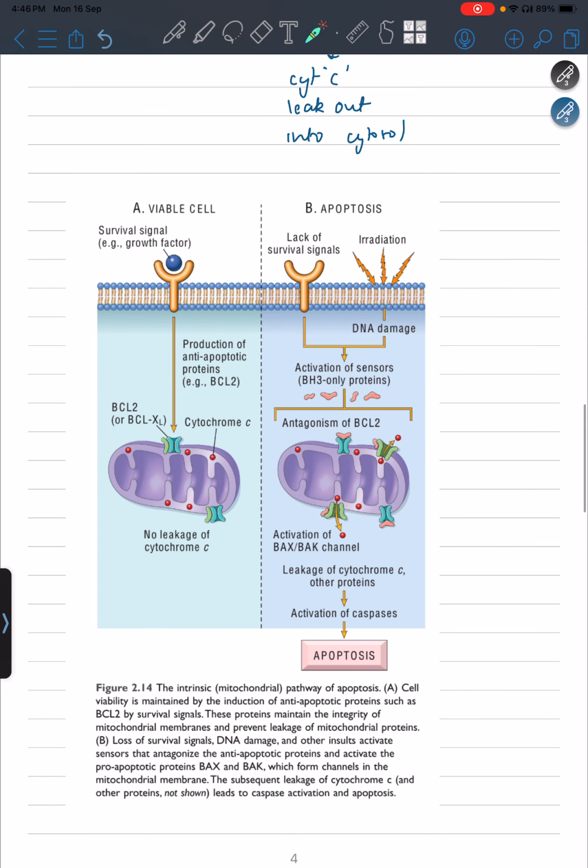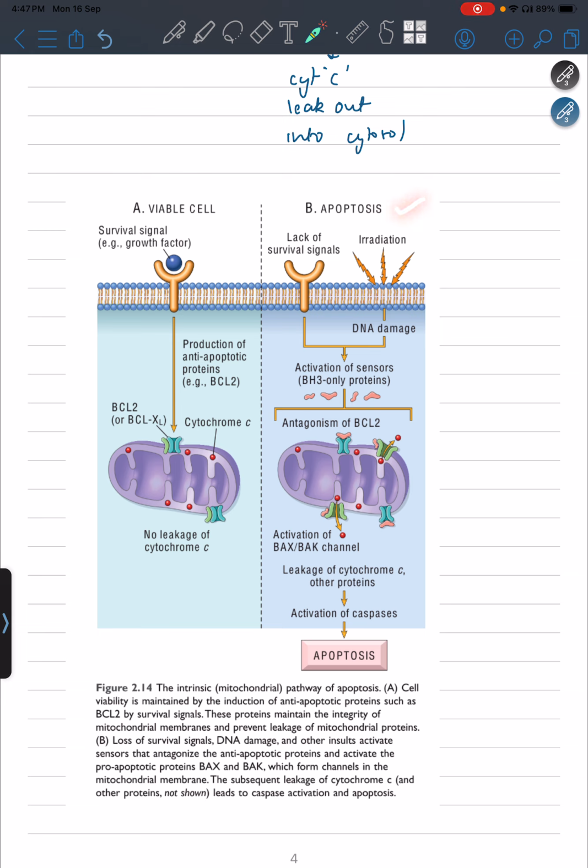So the diagram shows that in a viable cell, whenever the survival signals or the growth factors are present, they cause the production of anti-apoptotic proteins which prevent the apoptosis, and hence the cytochrome C is maintained within the intermembrane space, and the cell is viable.